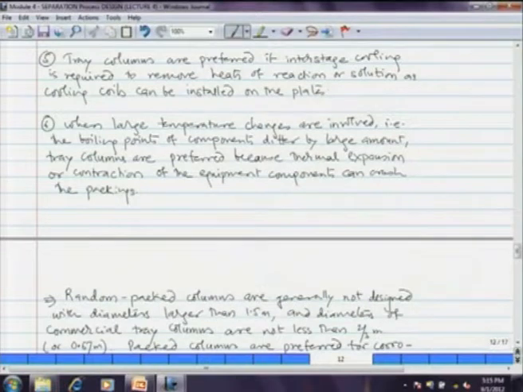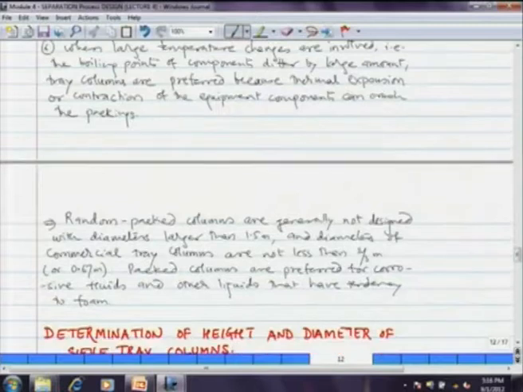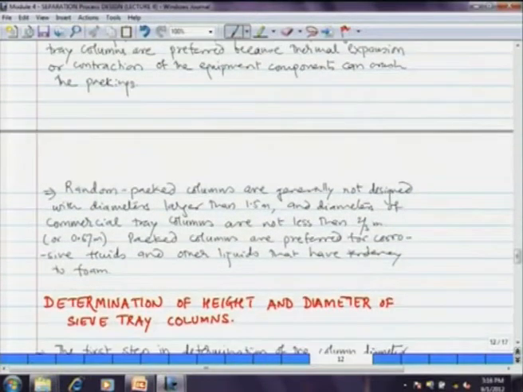When large temperature differences are encountered in the column, that means when the boiling points of components differ by a large amount, the tray columns are preferred because thermal expansion or contraction of the equipment components can crush the packing. So, packings are not used when you encounter large temperature differences.